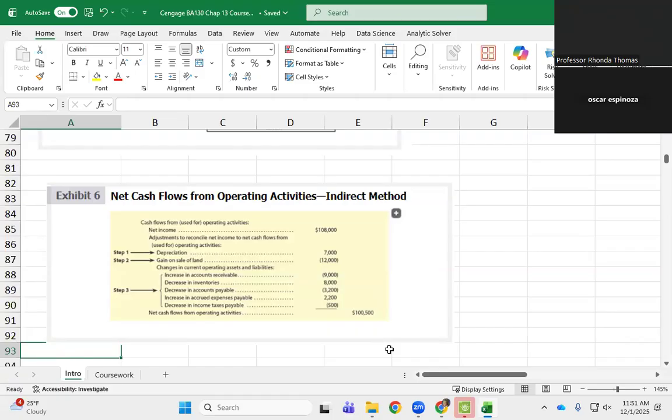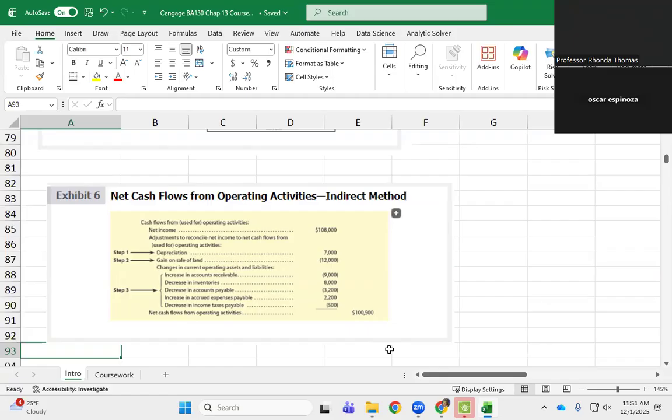All right. So if you take 108,000 plus 7,000 minus 12,000 minus 9,000 plus 8,000 plus 2,200 minus 3,200 minus 500, you get $100,500.